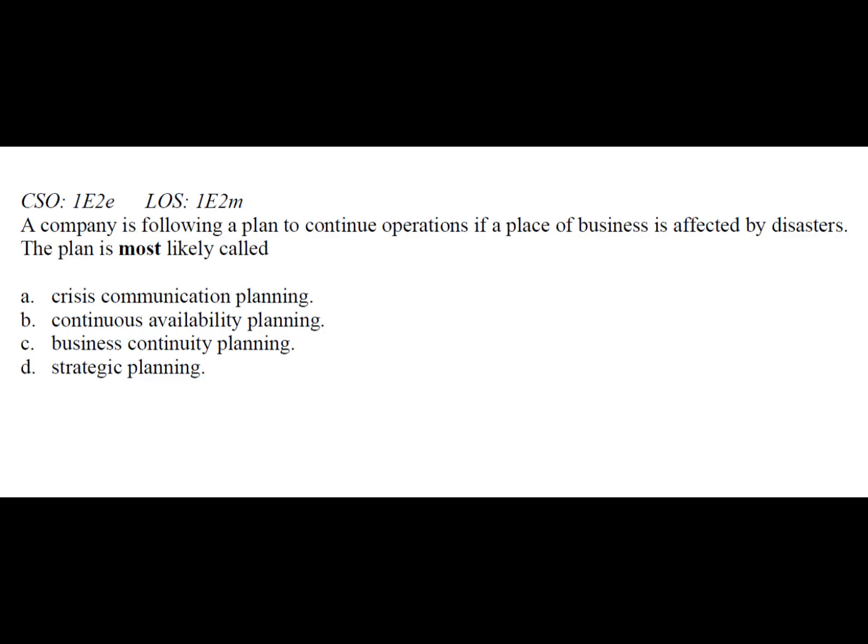Correct. Business continuity planning, BCP, is a comprehensive strategy that enables an organization to continue critical operations and recover efficiently following disasters or major disruptions. D. Strategic planning. Incorrect. Strategic planning establishes long-term organizational objectives and competitive strategies rather than disaster recovery procedures. Correct answer, C. Business continuity planning.